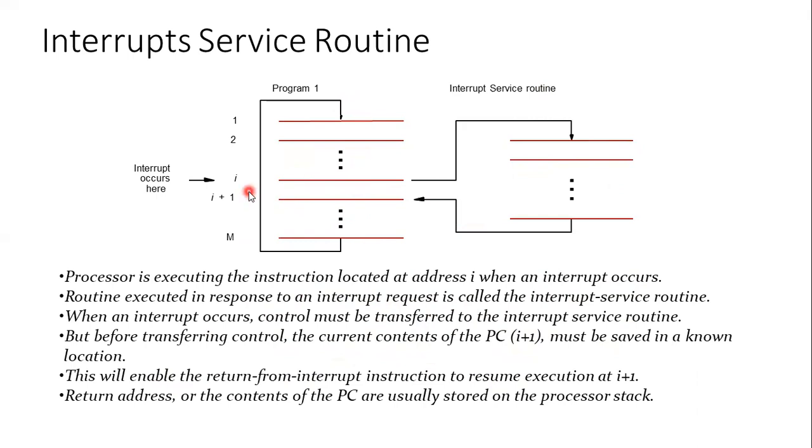We do not have to start from the beginning. We will start from the level I plus 1, because the program has saved its previous status at some known location. This will enable the return from interrupt instruction to resume its execution at I plus 1. The return address, or the content of the PC, is usually stored on the processor stack.